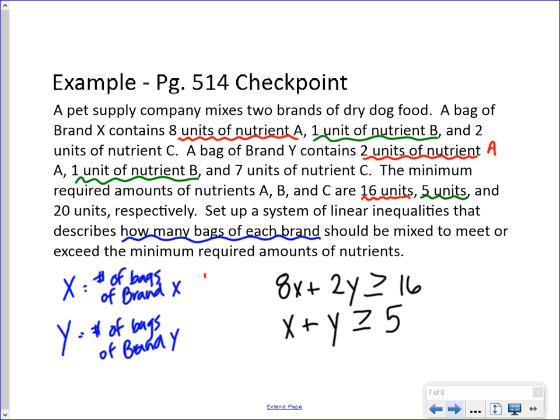So 1x plus 1y must be greater than or equal to 5. Next one. 7x plus 2y must be greater than or equal to 20.